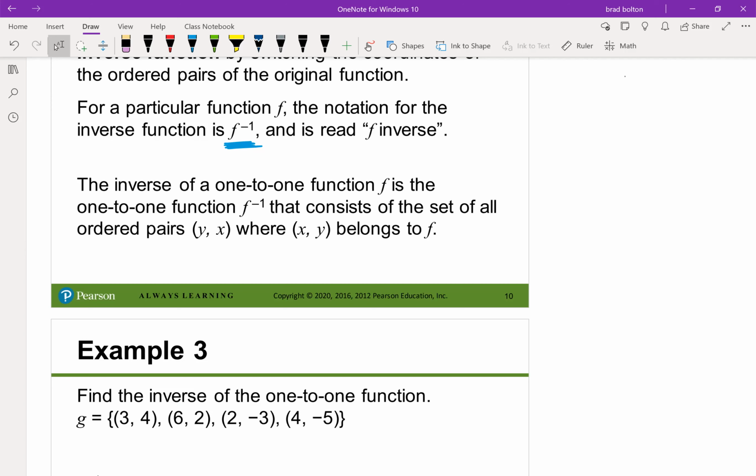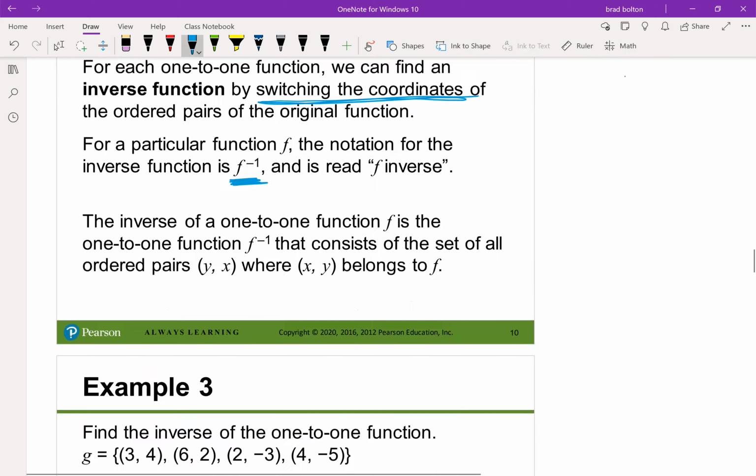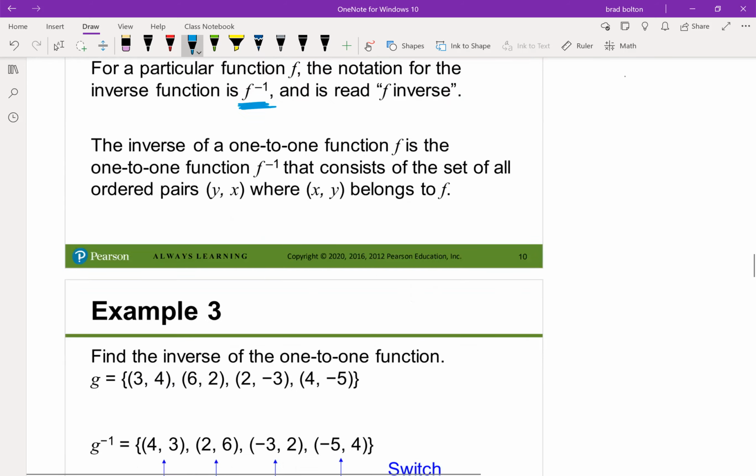So basically, by switching the coordinates, it does something special to the relationship between the function and how it's built. The way an inverse function is built creates a special relationship between its original function and the function that it's an inverse of. Okay, so we'll see how that works. So here they're just showing you very quickly, just with coordinates.